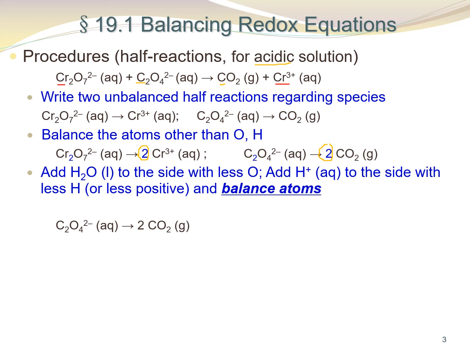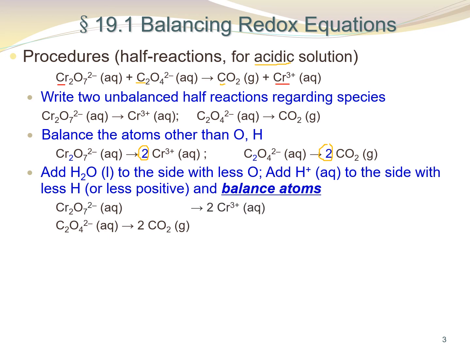Because if I add H plus somewhere, the other side must be H2O, and I do not have an extra amount of oxygen to form H2O with. So I'm going to leave this reaction alone, because it is already balanced with regard to carbon as well as oxygen. Nothing needs to be added to this half reaction.